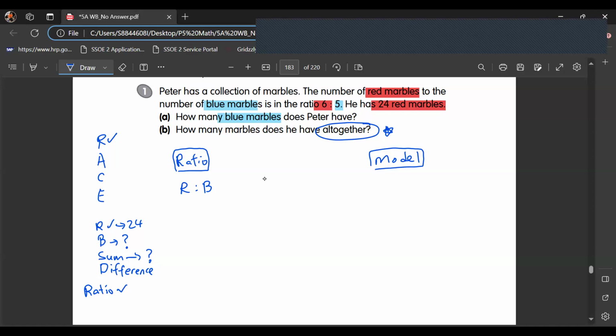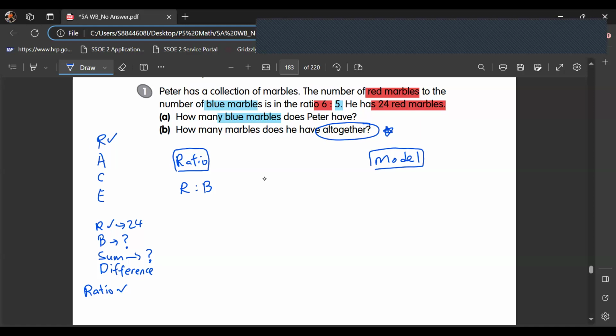So difference doesn't necessarily mean minus. It's about how two things are not the same from each other. It's like you have the part whole model, and the other one you compare them, the comparison model. So difference is like comparison. How are they different from each other?